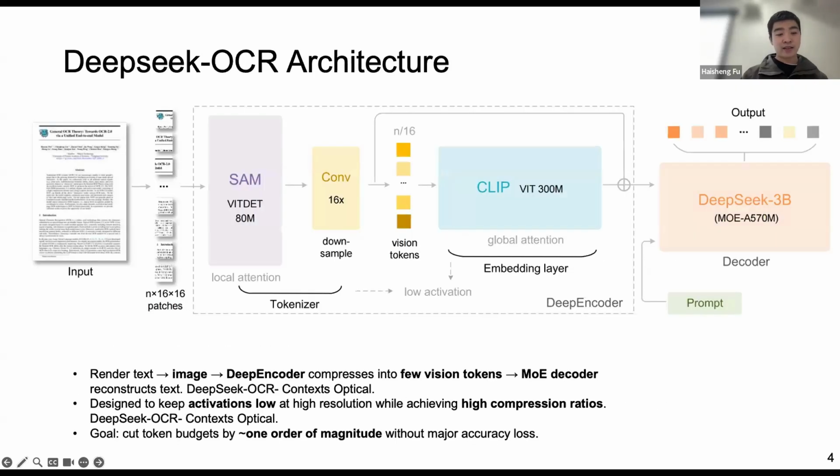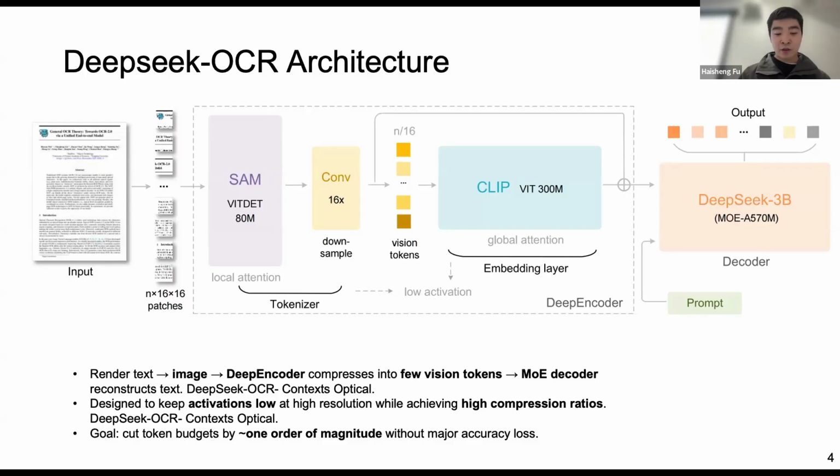Next, I will introduce the whole framework of DeepSeek-OCR with its architecture. We can see it includes two parts. The first part is a deep encoder, and the second part is a decoder. The authors use a unified end-to-end vision-language model.